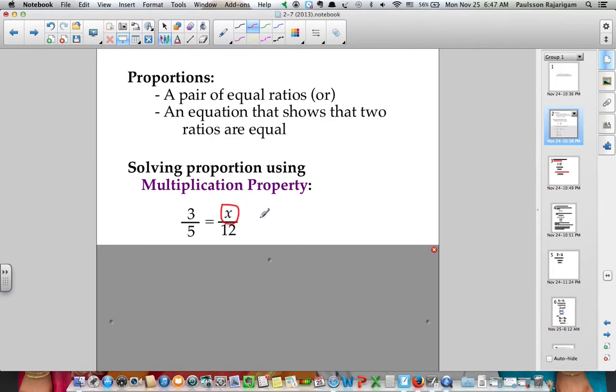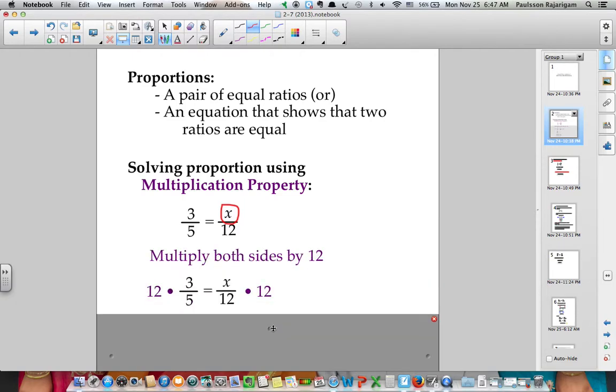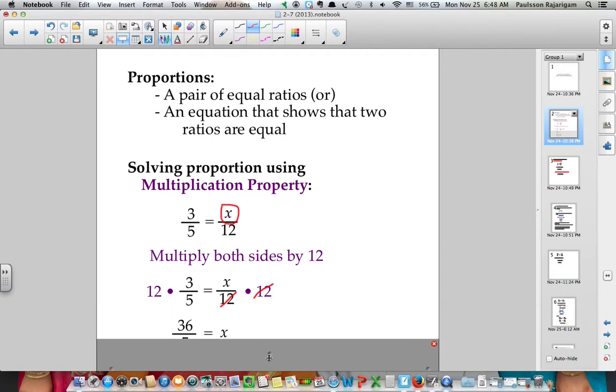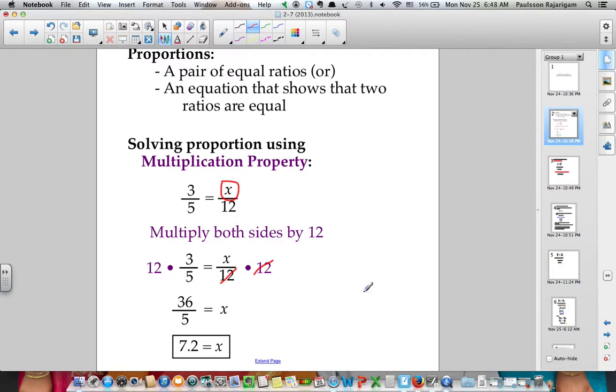And if I do that, these two cancel out. So this 12 and this 12 cancel out, leaving me with x. And on the left side of the equation, I have 36 over 5, which simplified gives me 7.2 equals x.